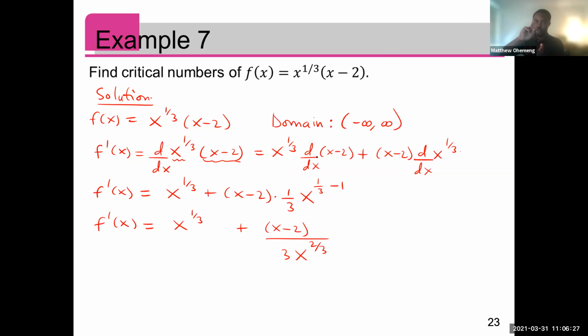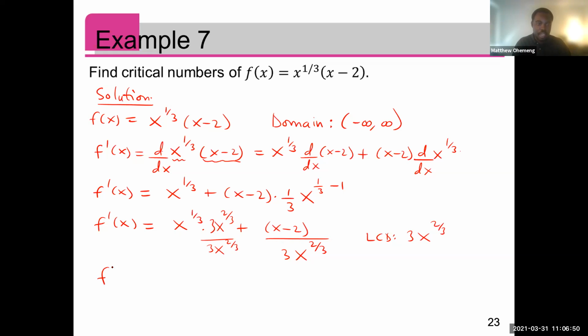To do that, I need to check the LCD. The least common denominator is 3x to the 2/3, right? So I'll multiply both the numerator and the denominator of this part by 3x to the 2/3, so that I can get a common denominator. I'm trying to write it as a single quotient, right?